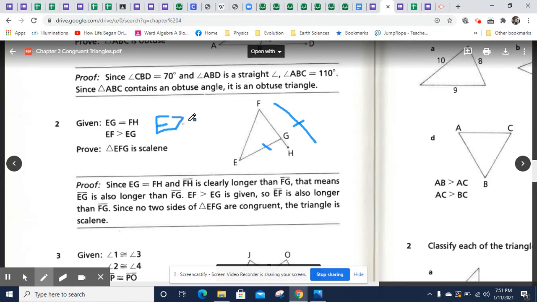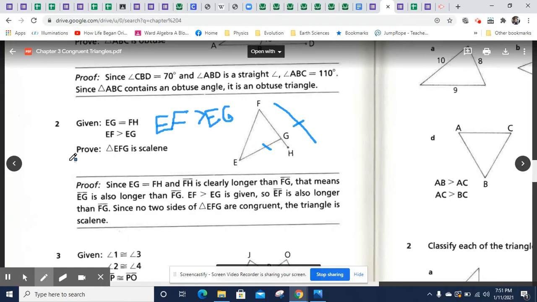Let me actually write that properly. Grab my eraser, I'm messing things up here. Okay. So EF is greater than EG. Now, if EG is congruent to FH, then FG has to be less than FH.